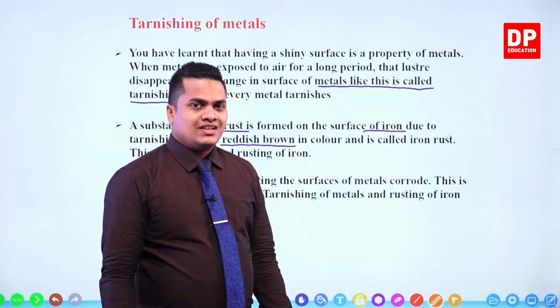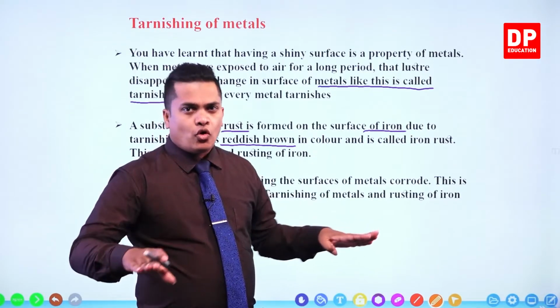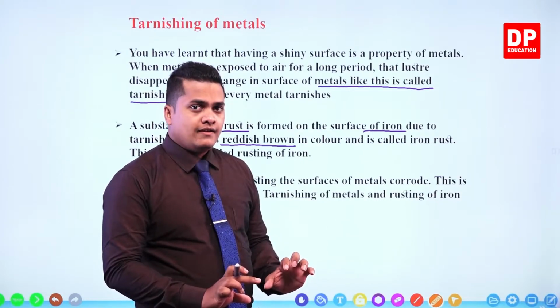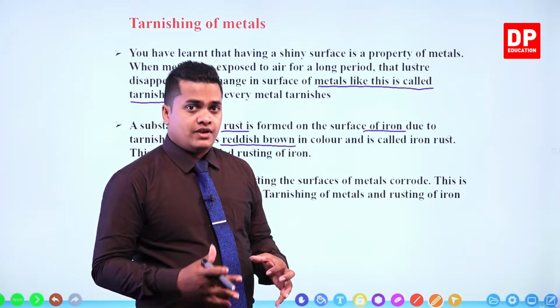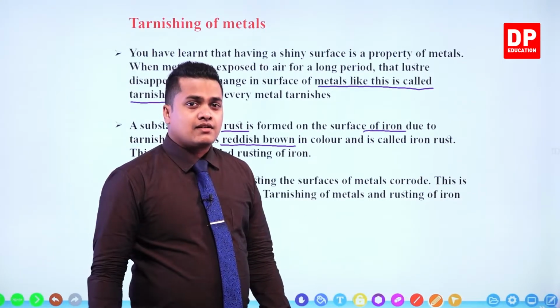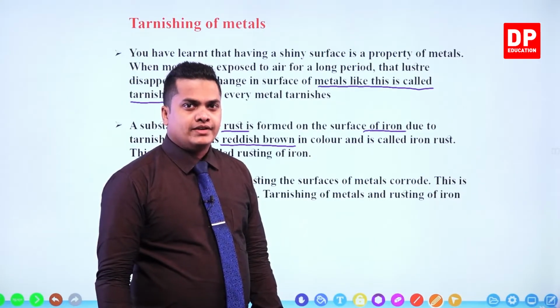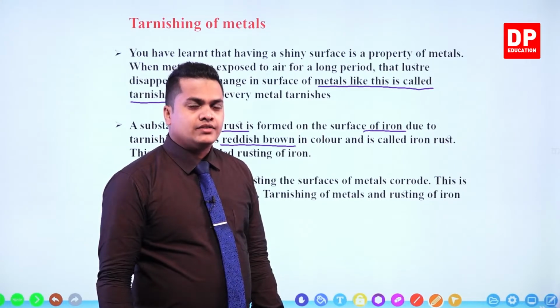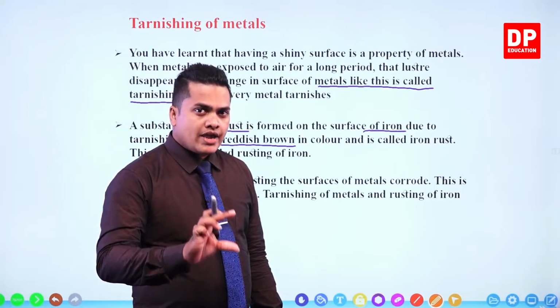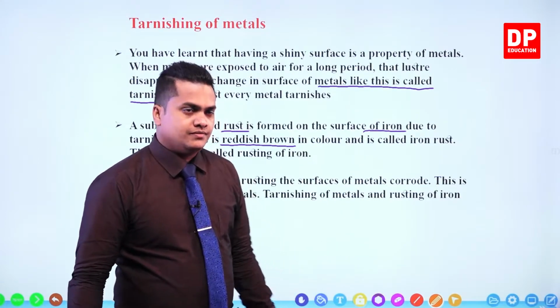Tarnishing is common for all metals, but for iron, very specially, we refer to that as rusting of iron.